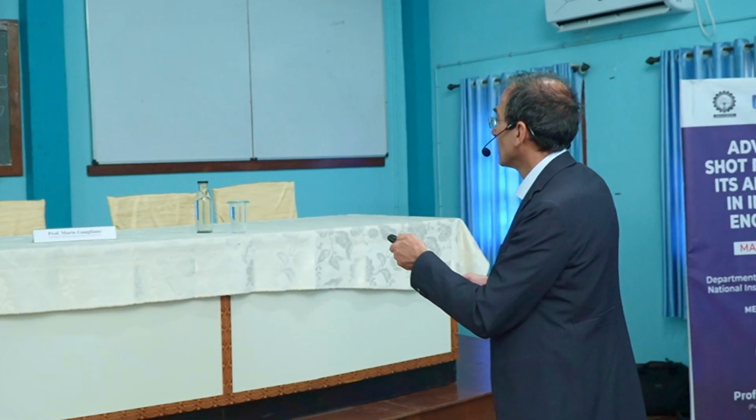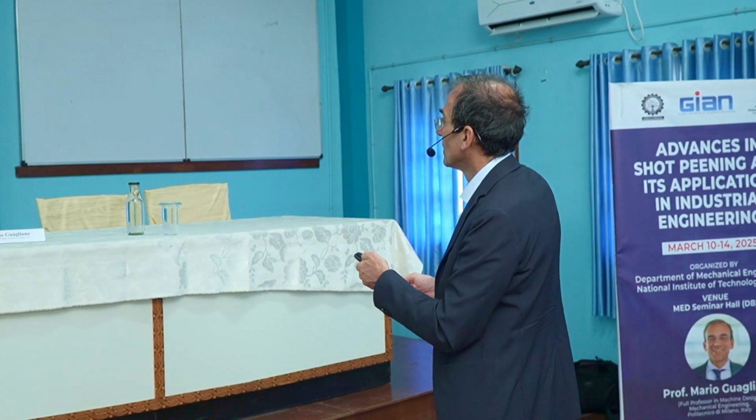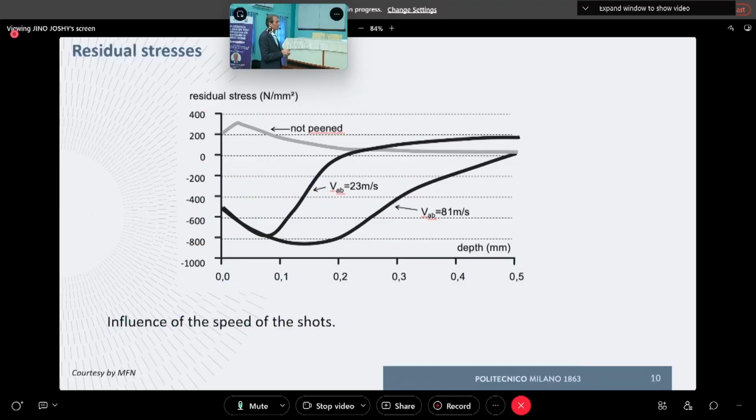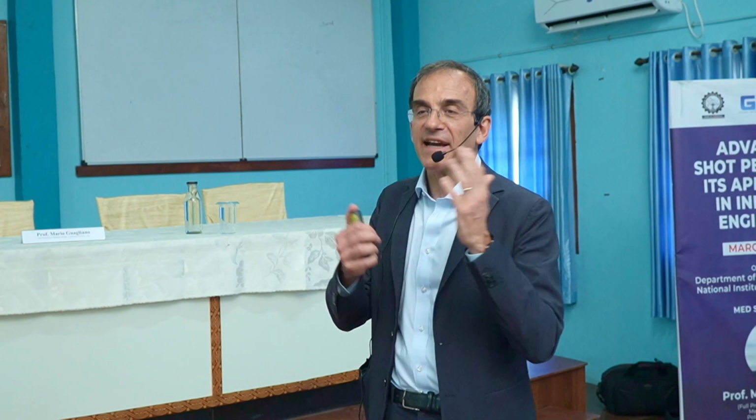Sir, on your slide 10, in the case of not peened samples, the residual stress is reduced to 0 after somewhere around a 0.4 depth. This is some finishing process, could be turning with some parameter, that gives slight stress.